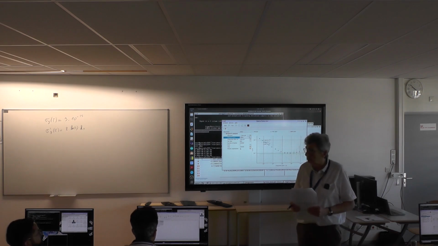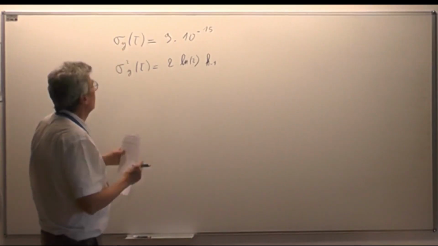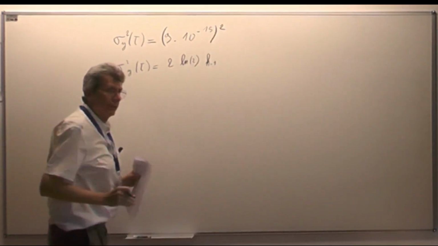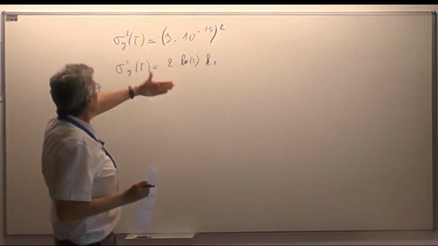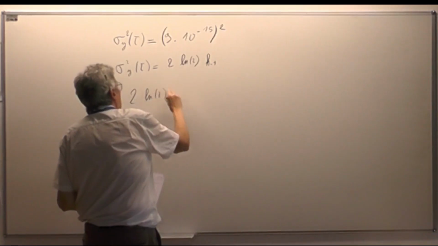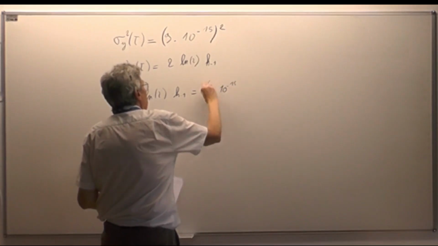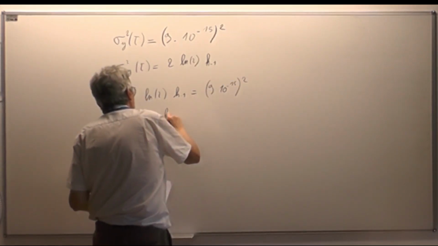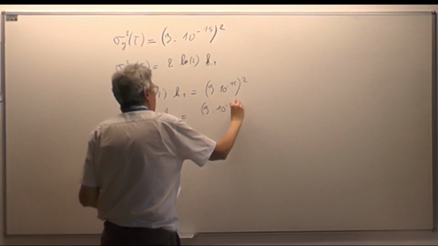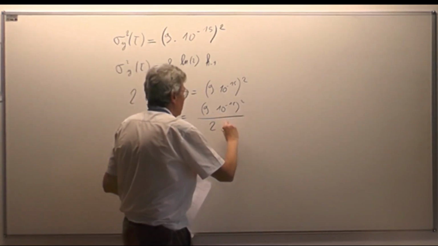First of all, you have something which is squared here, so you have to take the square. After that, you have 2 log of 2 h minus 1 equal to 9 10 to the minus 15 squared, so h minus 1 equals 9 10 to the minus 15 squared divided by 2 log of 2.